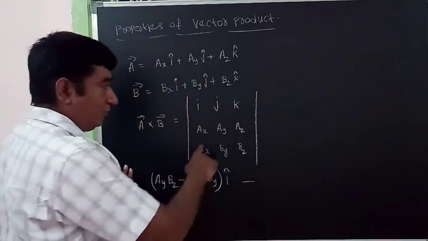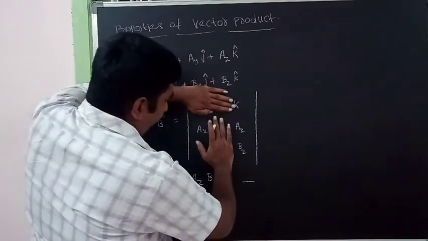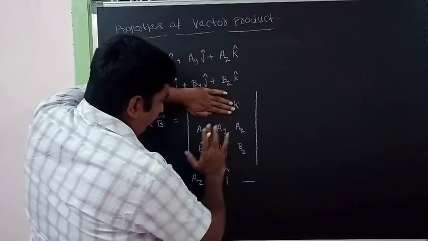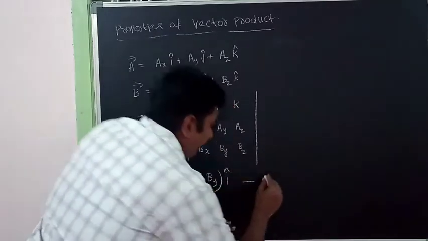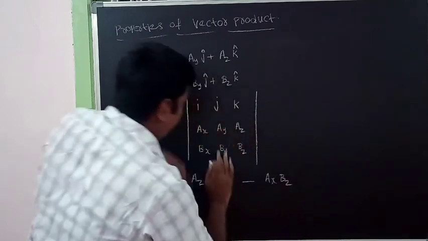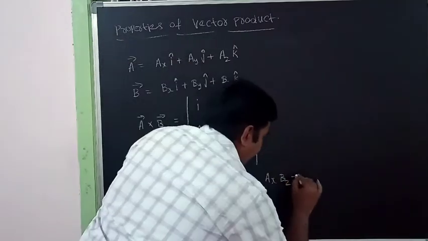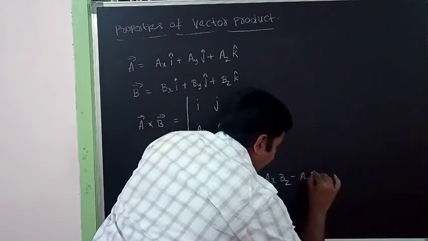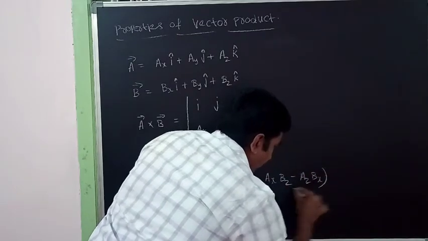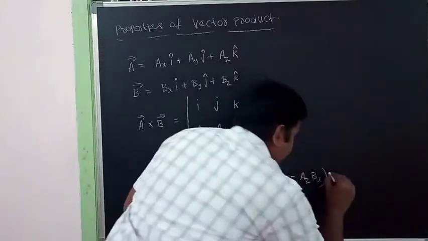So in mathematics, there is one rule which you should follow. Taking it like this, I get ax bz minus az bx, with the total minus, along j cap.